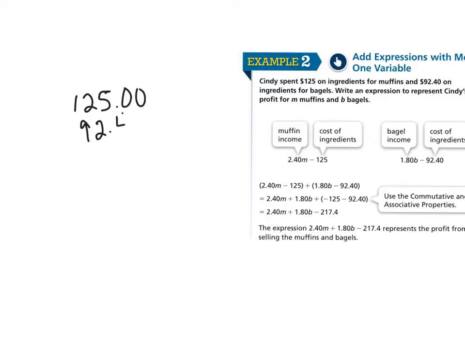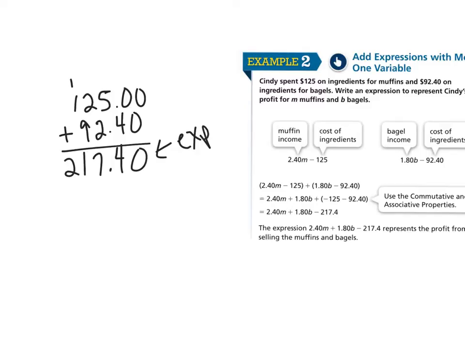They spent $92.40 for bagels. So we could actually just combine those together first, see how much they spent all together for their ingredients. Which would be $217.40. This would be our expenses. Okay, that's what all the ingredients cost them.